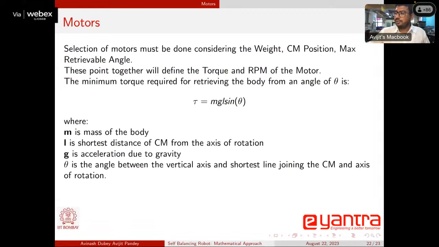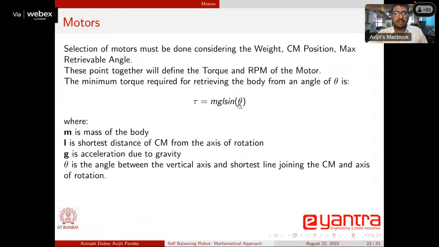Now, since we are talking about hardware, there is one very critical parameter that is called torque. While choosing the hardware, we need to understand that even if you design a controller, your motor should be able to withstand the torque requirement. This can be very simply calculated by this formula. Torque required is equal to mgl sine theta c.